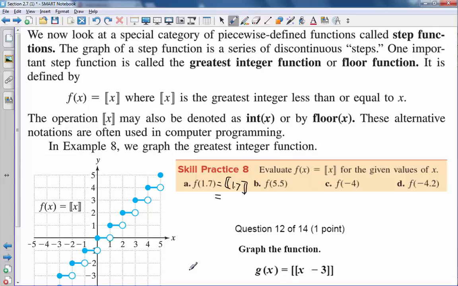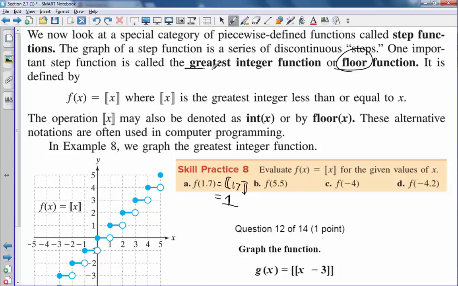But no, this function always goes with the lower quantity, the smaller pick. It picks the smaller number all the time. So instead of 1.7 going for 2, it picks 1. It floors it. Okay, it presses down to the smaller whole number.